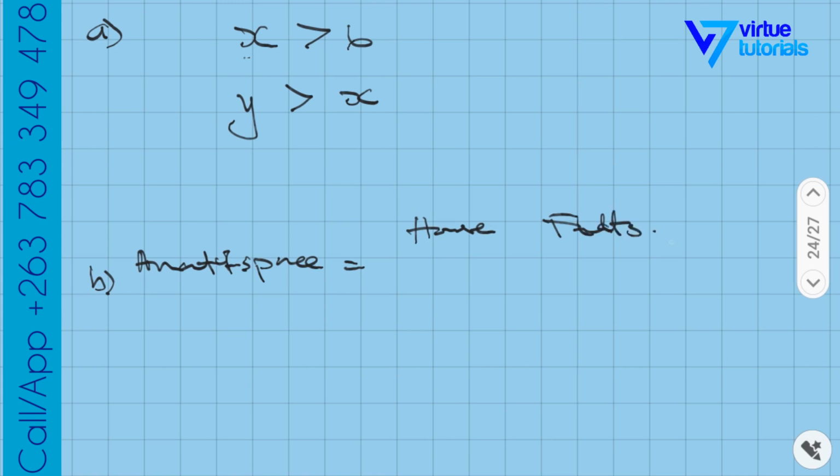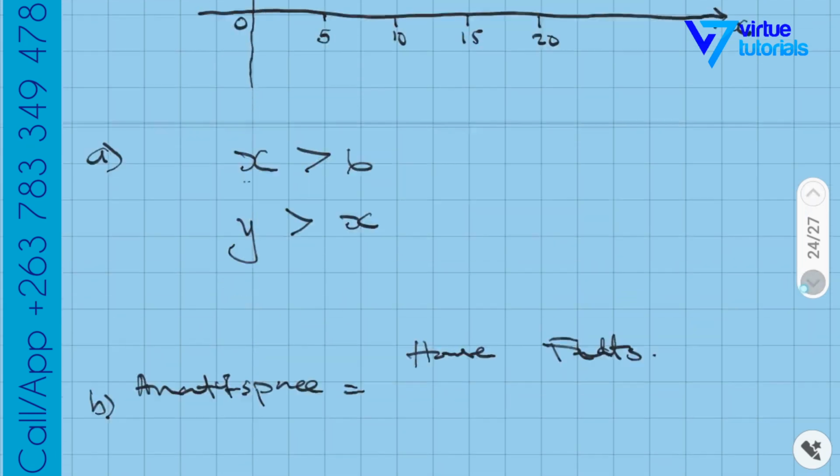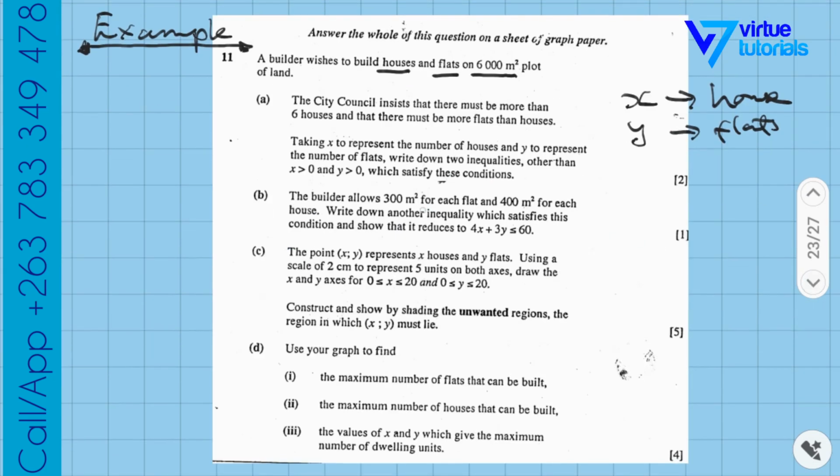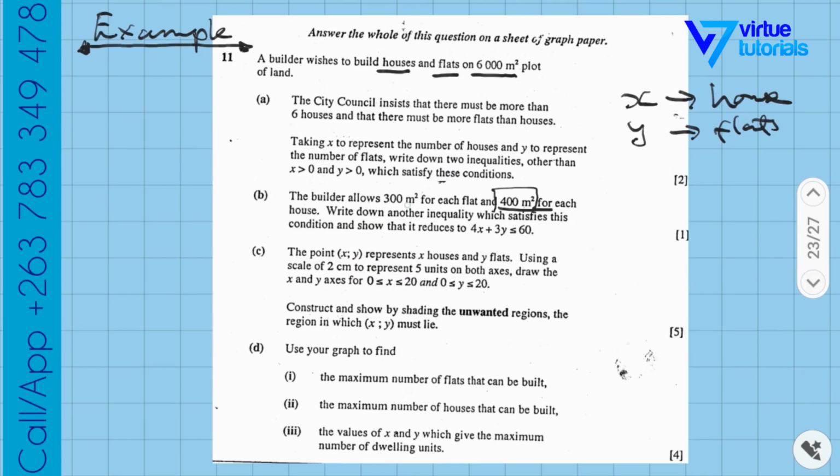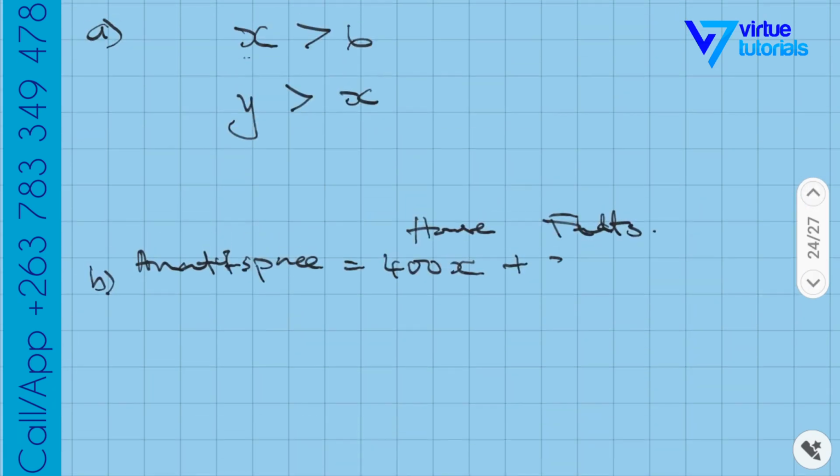Each house takes 400 square meters, so the total space taken by houses is 400 times the number of houses X. Each flat takes 300 square meters, so the total space taken by flats is 300 times the number of flats.